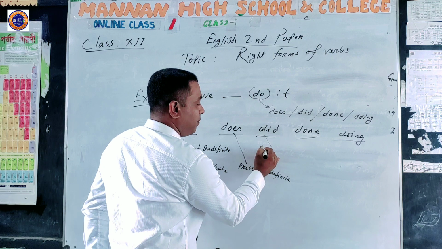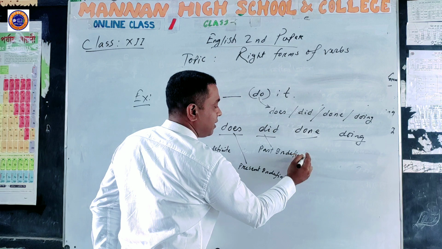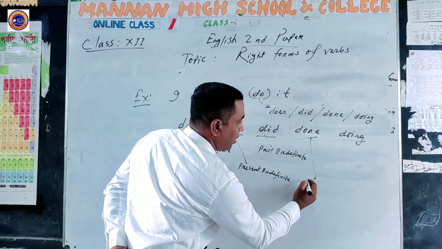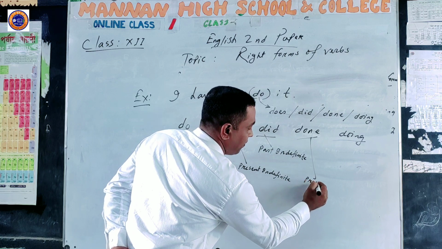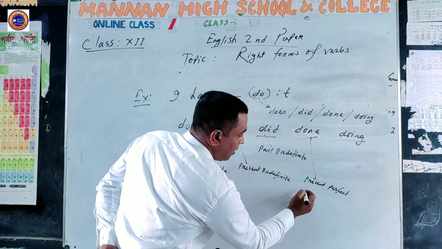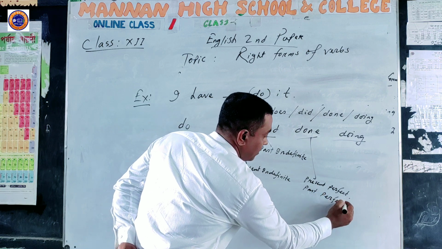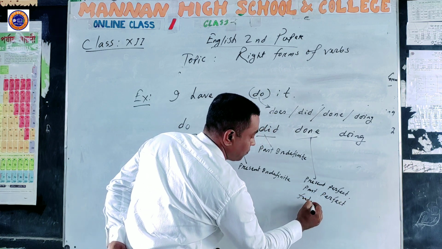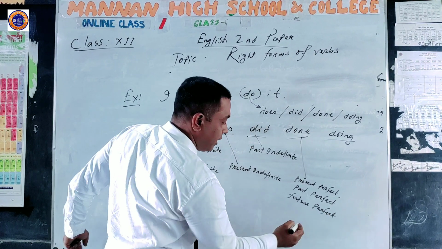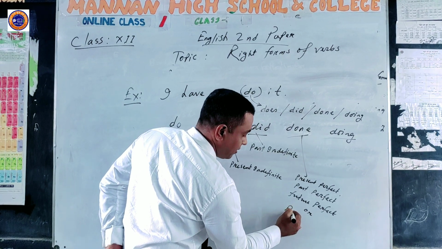Did is used only for past indefinite. Done is used for present perfect, past perfect, future perfect, and passive sentences.